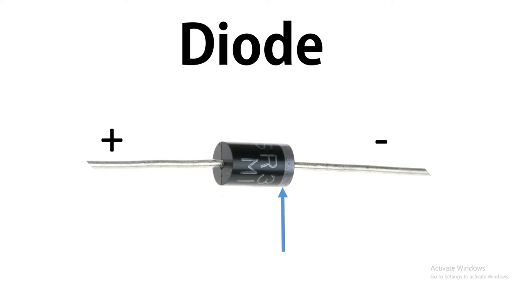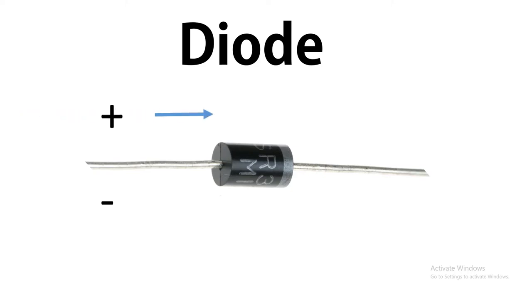So see here, we have two types of charges, positive charge and negative charge. When we pass the positive charge at the positive side of the diode, the diode allows this charge. When we try to pass the negative current through the positive side of the diode, the diode will stop this charge.